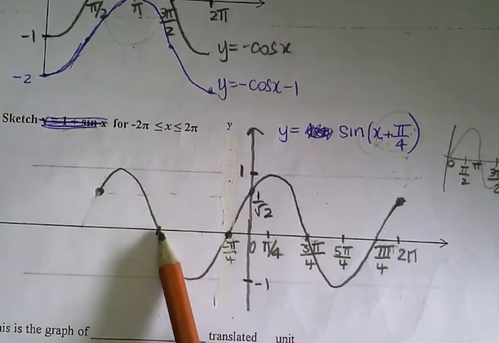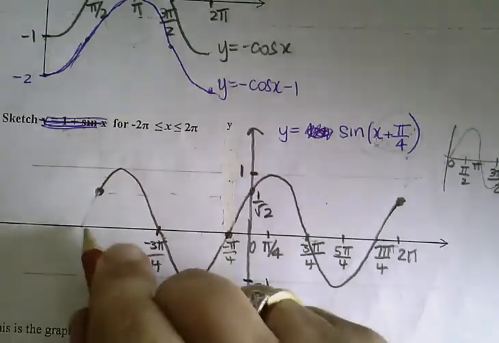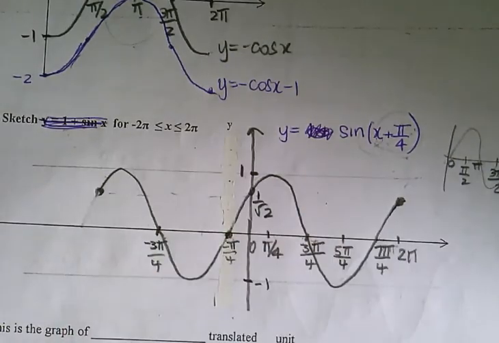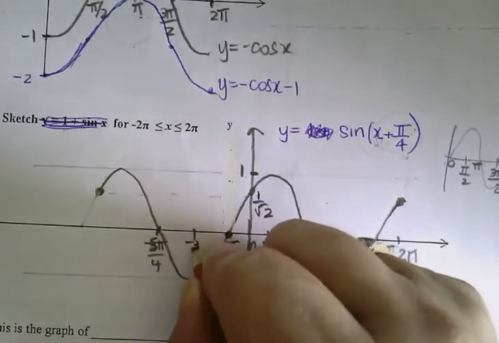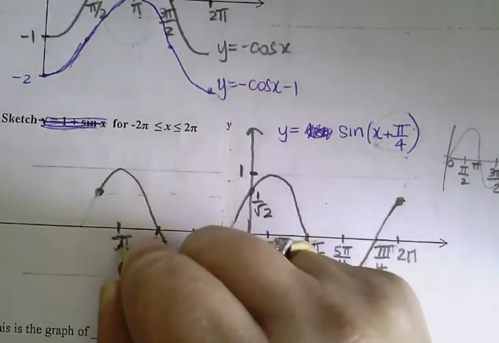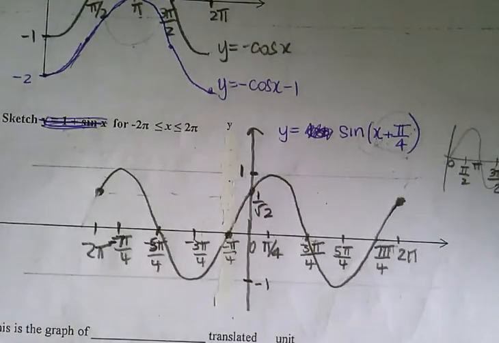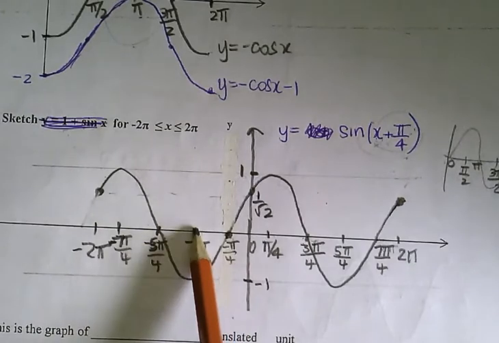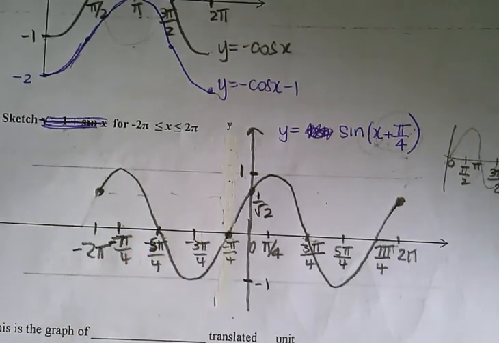This is 3 pi on 4, this is negative 3 pi on 4. What is this one? Negative 5 pi on 4. This is negative 3 pi on 4. This is negative 7 pi on 4. And this is negative 2 pi. Negative pi on 4, negative 3 pi on 4, negative 5 pi on 4, negative 7 pi on 4, negative 2 pi.